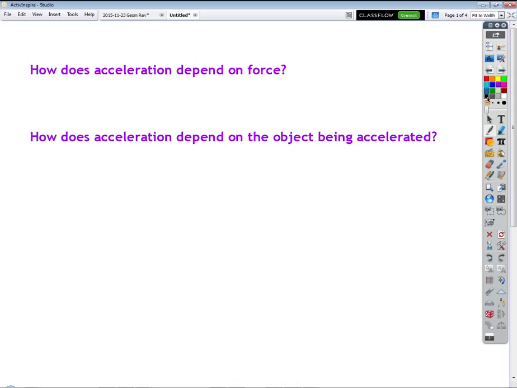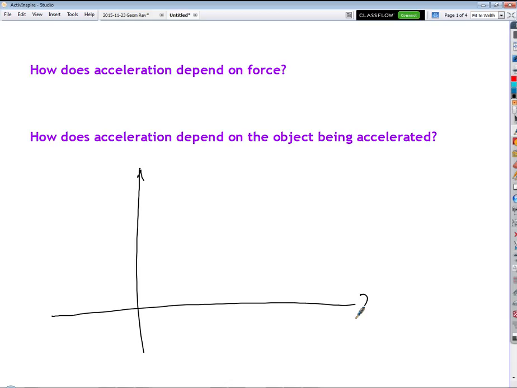We found that if we graphed, I can't remember which, I think we had F up here and A right there. If we graphed the data points that we got for force and corresponding acceleration, remember that?